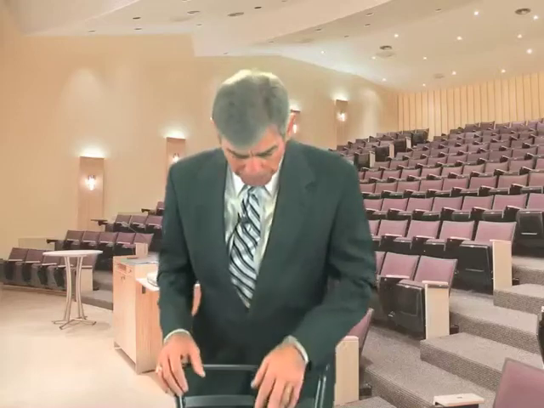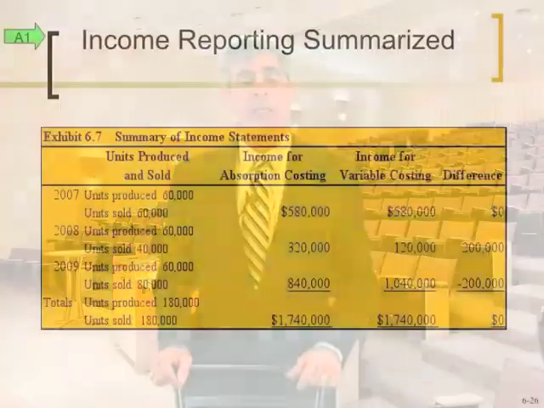But essentially, when the units produced equal the units sold, our net income is going to be the same under each method. In slides 17 through 22, we look at the example where the units produced are greater than the units sold. And if you move finally to slide 26, you have a summary of the 3.